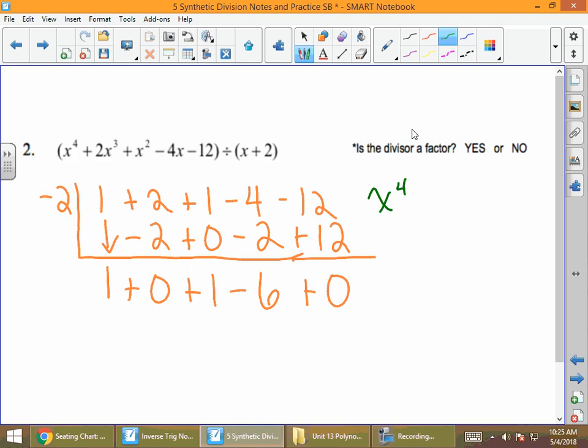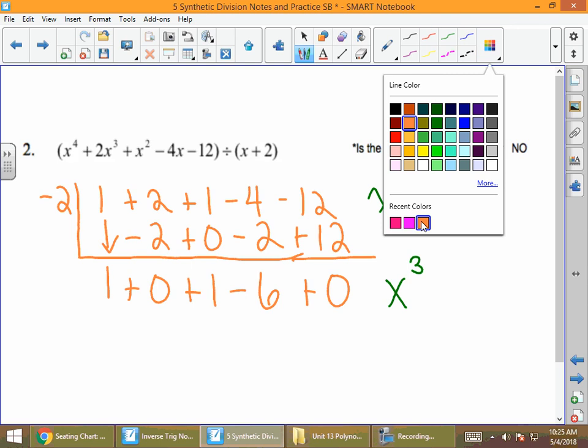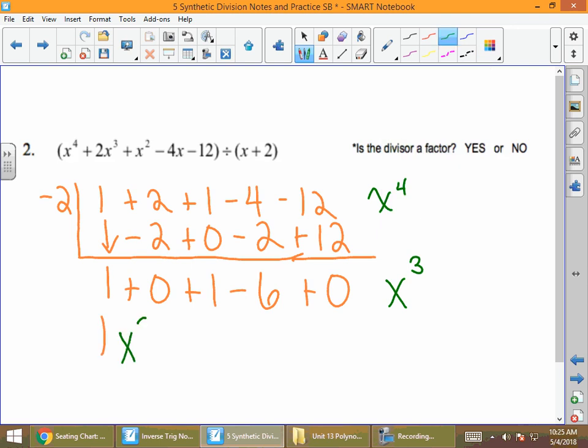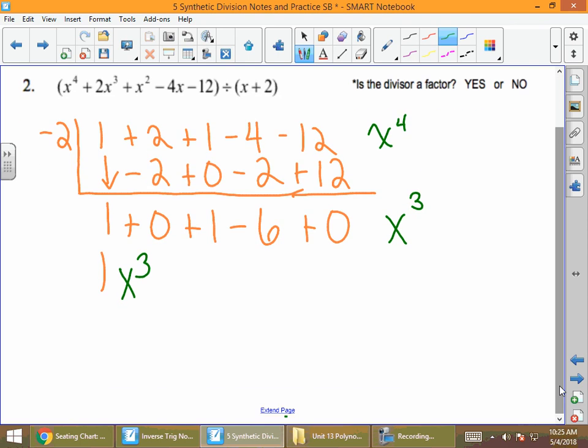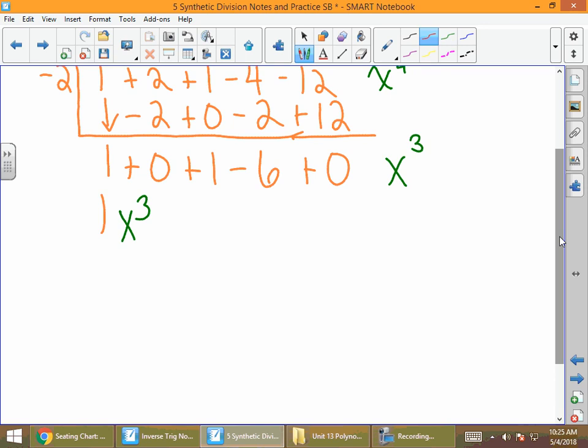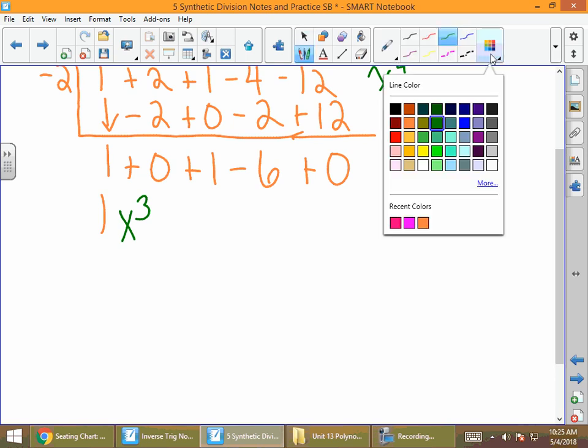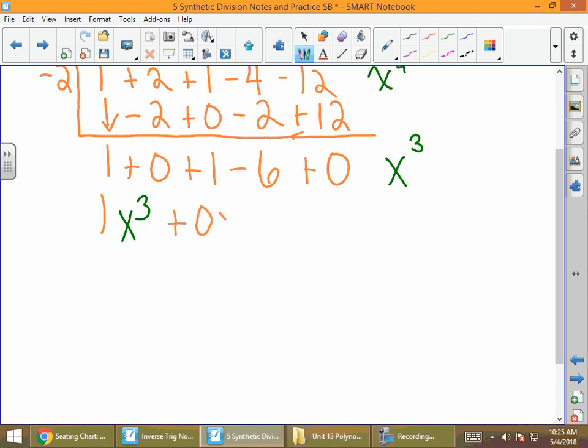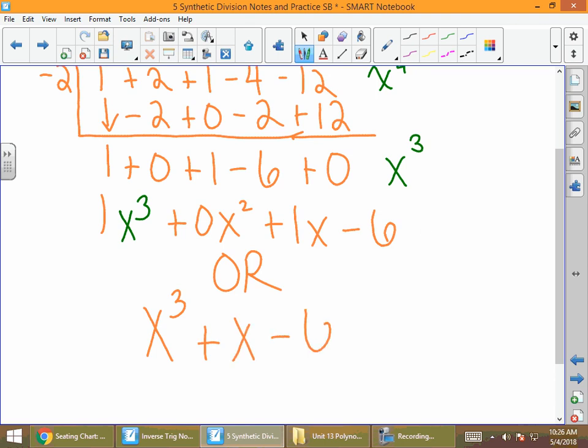We started with x to the 4th, so this is going to be 1x cubed plus 0x squared plus 1x minus 6, or if you prefer, x cubed plus x minus 6.